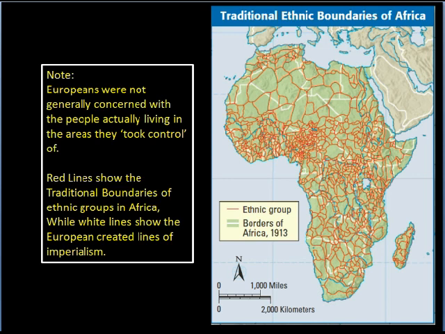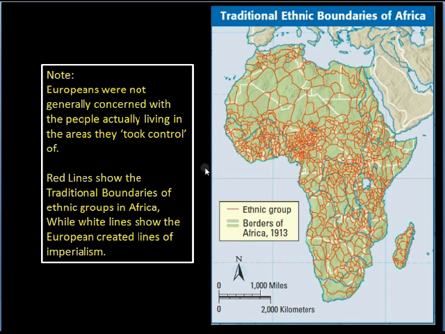And you can even see, if you look in the top, say, northwestern portion of Africa, the large rounded side, that you can actually see the borders, the white lines going straight through where some of these ethnic groups are. They cut them basically in half, and there is no consideration for where people actually live.